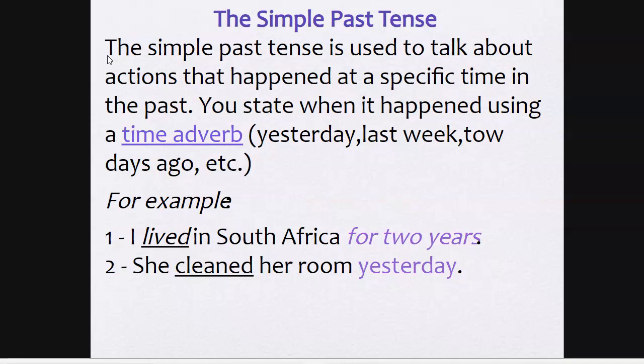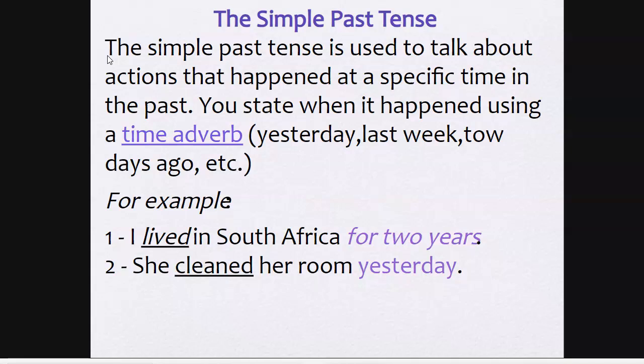Let's start from the first example: I lived in South Africa for 2 years. The second one: she cleaned her room yesterday. It's the past simple. You can tell from "for 2 years" and the -ed.